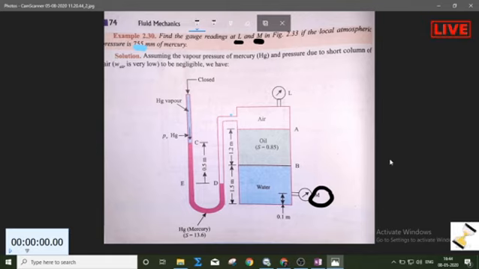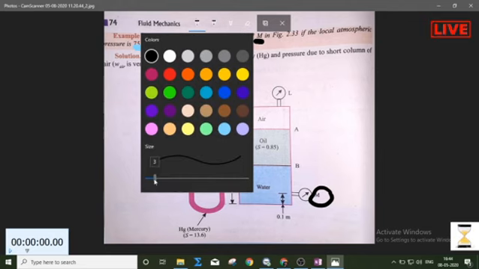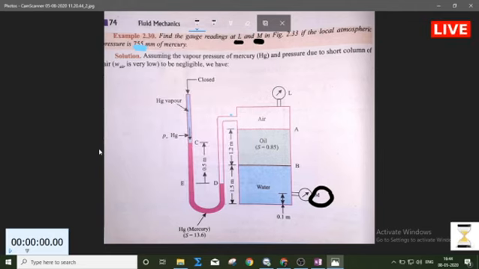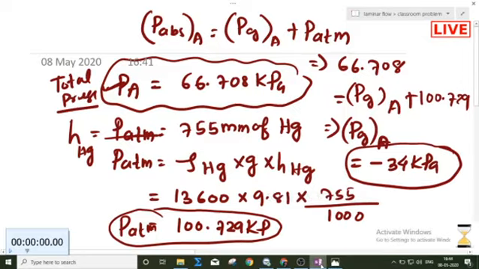We found the pressure at point A. Simply you have to add the oil pressure, the water pressure, and the pressure at point A. That will be your total pressure. Simply do it.